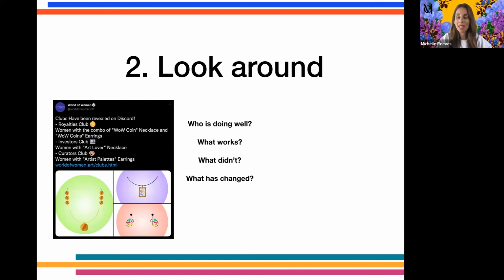So that right away is an instant value that you're offering your community members. They have some other benefits here for the Investors Club and for the Curators Club that they, again, announced as a part of that special utility.